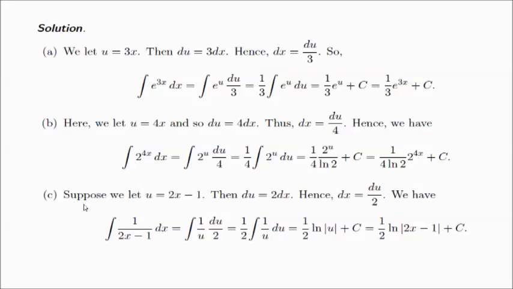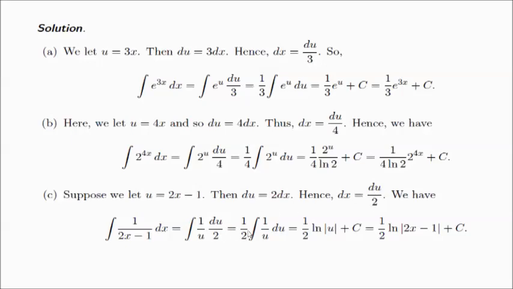Okay? And then, sa letter C, 1 over 2x minus 1 dx. So, u is 2x minus 1. Yung derivative ng u is 2 dx. And then get the dx, that is du over 2. Okay, and then sub. 1 over u, since ito is equal to u, and then du over 2.